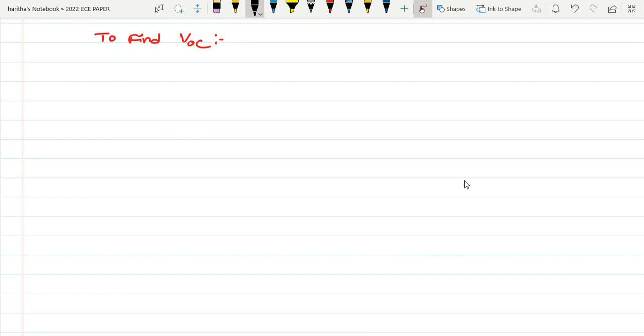So where do I have to find this open circuit voltage and how? To find VOC, first you have to remove the load resistor from the circuit. Load resistor means the one in which you are finding the current. So first remove that load resistor and redraw the circuit.